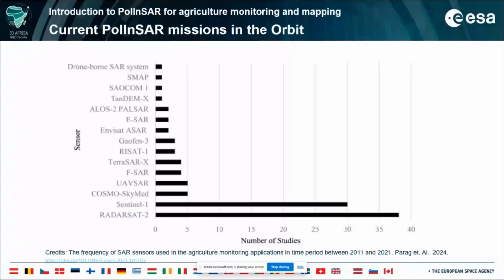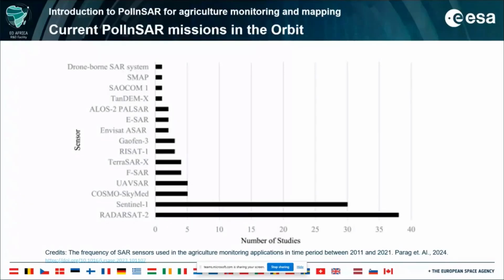Those are the numbers of studies that have been investigated between 2011 and 2021, using different SAR satellite missions. As you can see, most of the literature provides results from the application of RADARSAT-2 and Sentinel-1, which is also understandable because of their global coverage and easy access to the data.